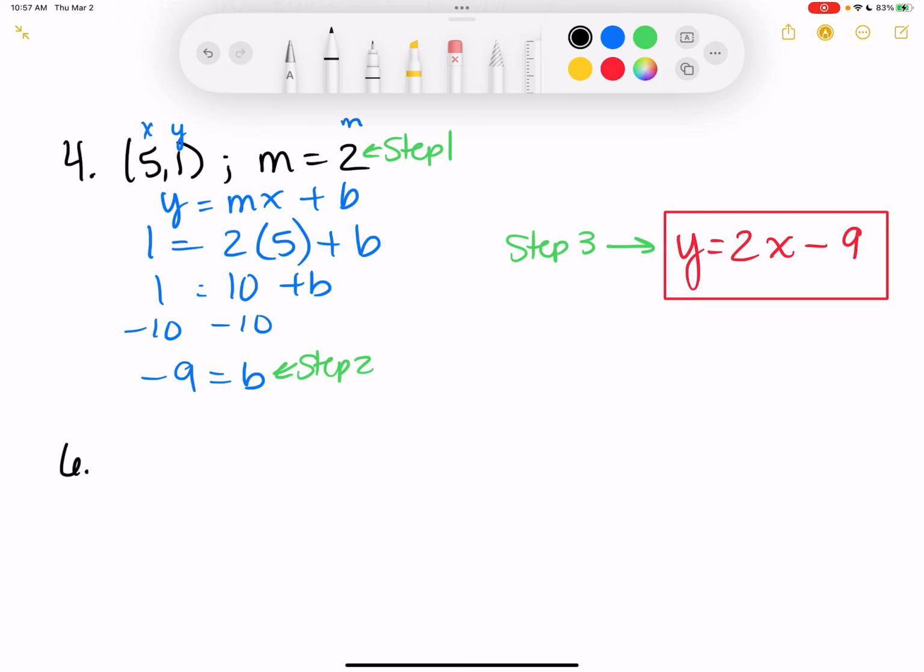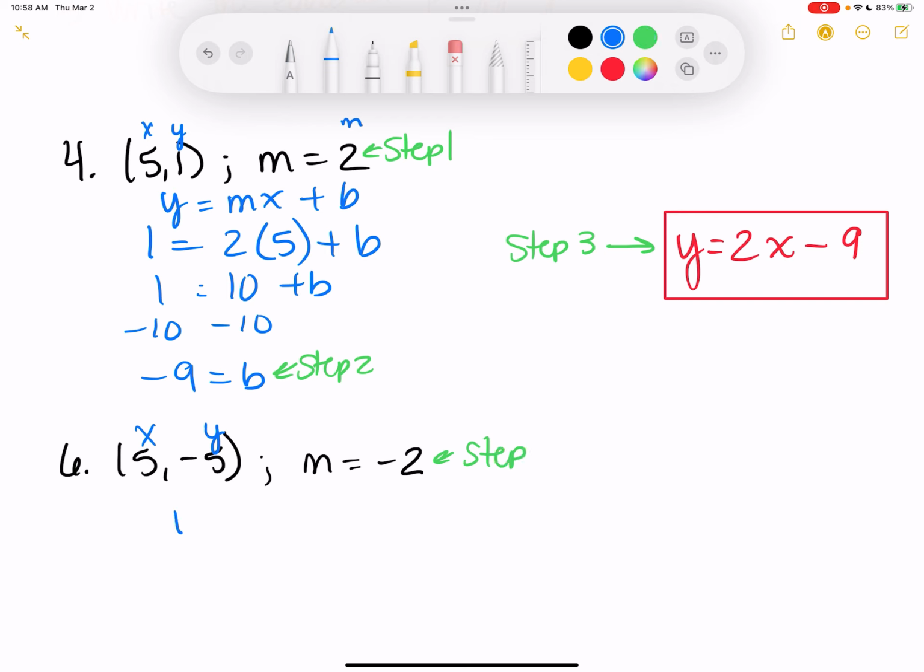All right, so then the next one, same instructions. We have the point 5, negative 5, and a slope of negative 2. So I'm going to start out with labeling everything. x, y, m is already labeled, and I'm solving for b. So step 1, we've already identified our slope.